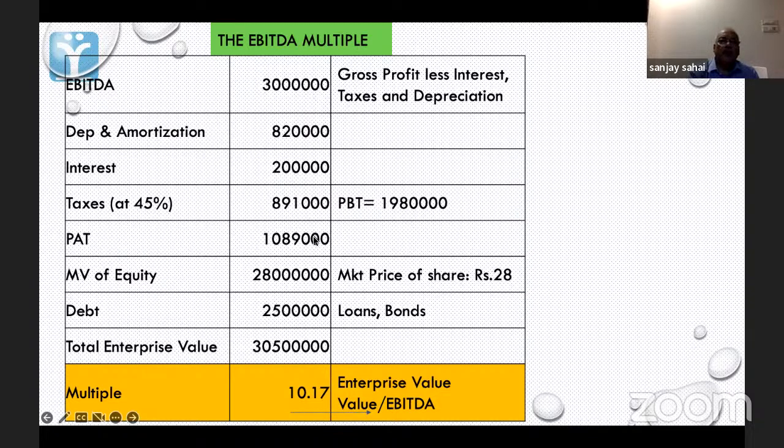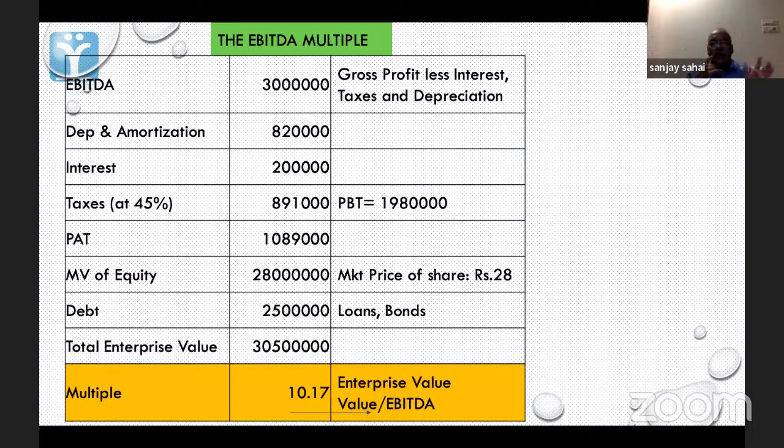You can go in the reverse also. If you start with the profit after tax, this is something which you can do. You can get the financial data of any company, look at its profit after tax, and then you can simply add back the taxes, the interest, and the depreciation and amortization. You will end up with the EBITDA.